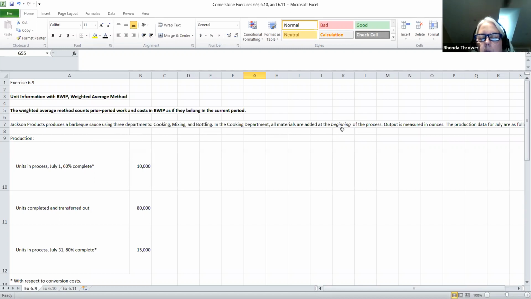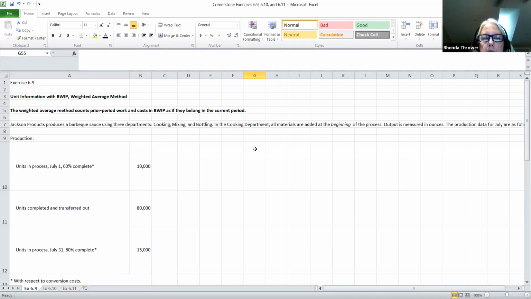The materials are not going to be added all throughout the process, but just at the beginning of the process, which will start in the cooking department. And then from cooking, it's going to go to mixing, and from mixing to bottling.